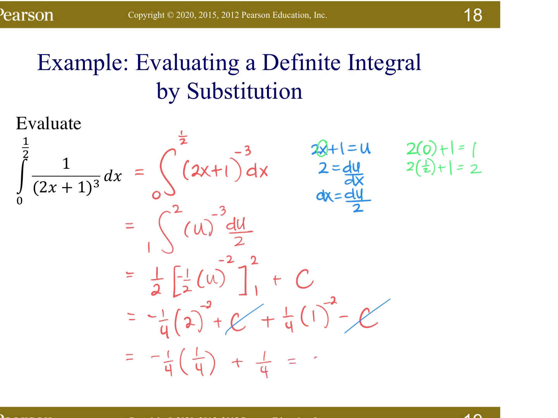So that's negative 1/16. Whoops. Negative 1/16 plus 1/4, which works out to be 3/16 when you do common denominators and work it out. So the area represented here has a value of 3/16 under the original curve.